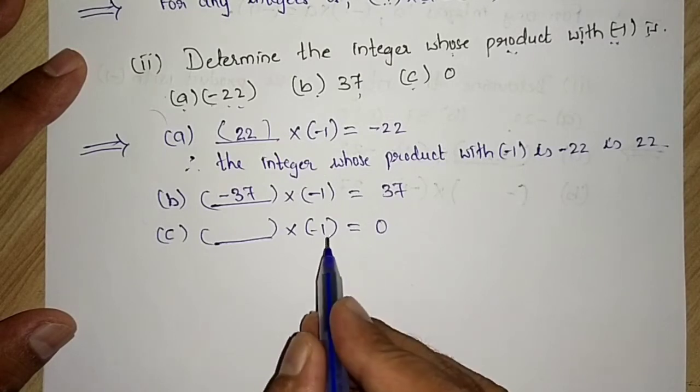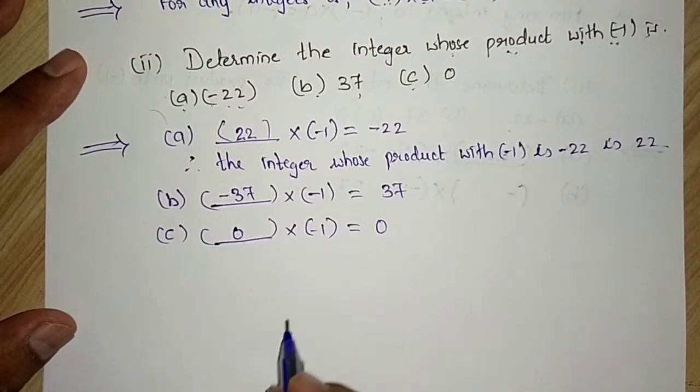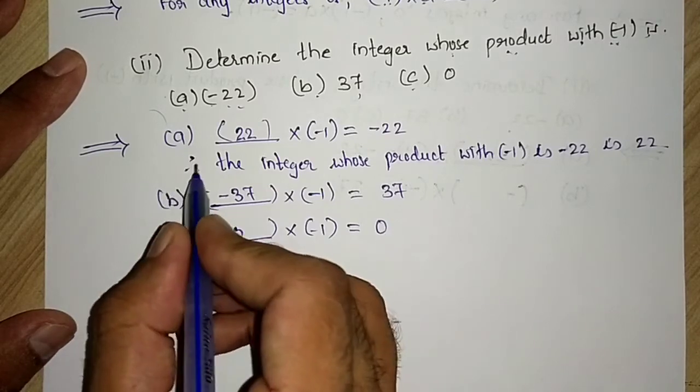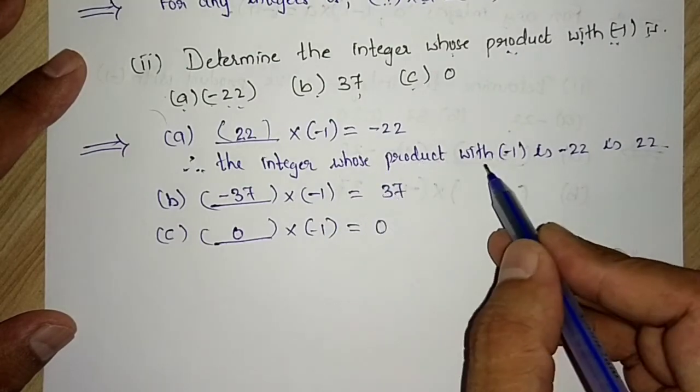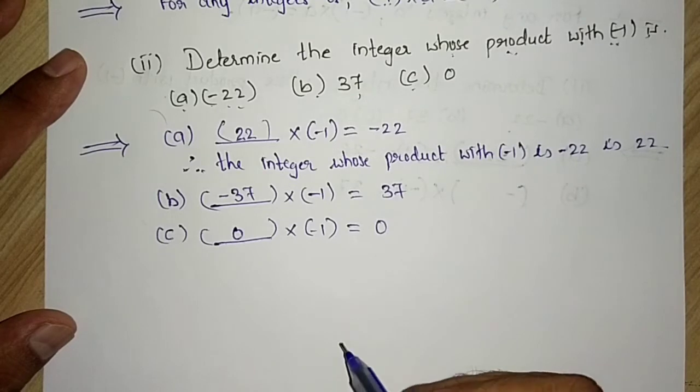So not only 1, if we multiply any number with 0, the answer will be 0. So it was a very easy answer, and our answer is 0, because 0 into minus 1 will be 0. So you will write, therefore the integer whose product with minus 1 is 0 will be 0.